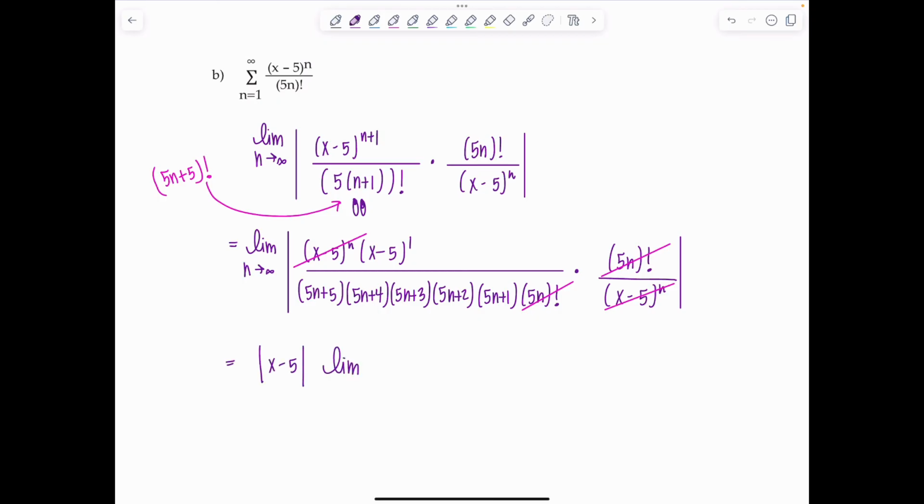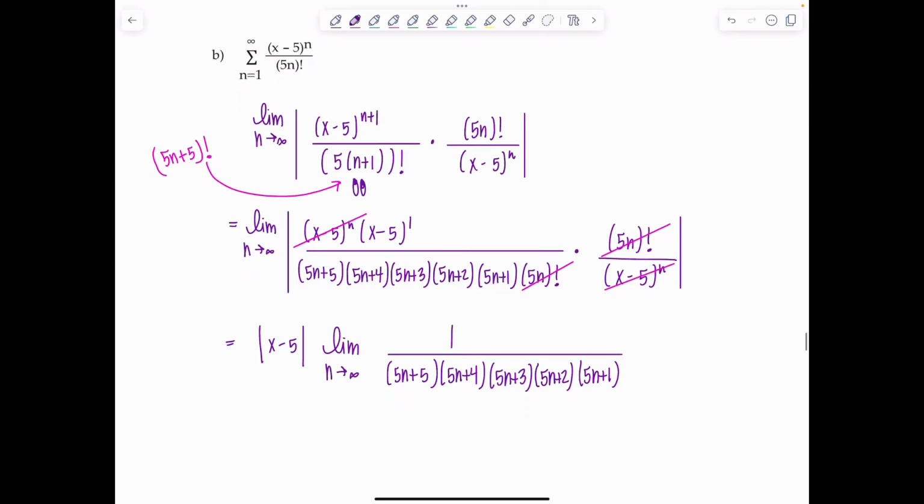And then we have the limit as n goes to infinity. There's nothing left anymore up here, so I just have a 1 over all this mess: 5n plus 5, 5n plus 4, 5n plus 3, dot, dot, dot until 5n plus 1, which was fine with me, okay?